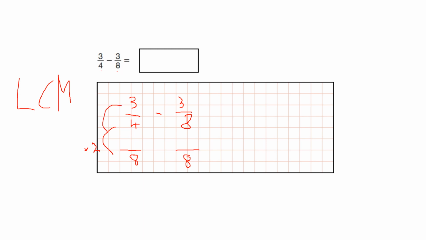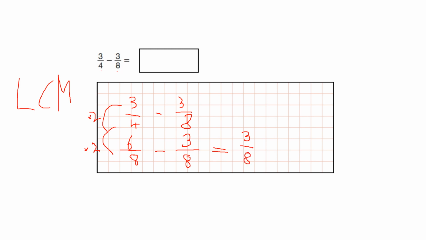So I have to times my numerator by 2 also, which leaves me with 6. Now I have done nothing to this denominator, it has remained the same, so I don't have to do anything to my numerator. So then my problem becomes 6 over 8 take away 3 over 8, which of course leaves me with 3 over 8.